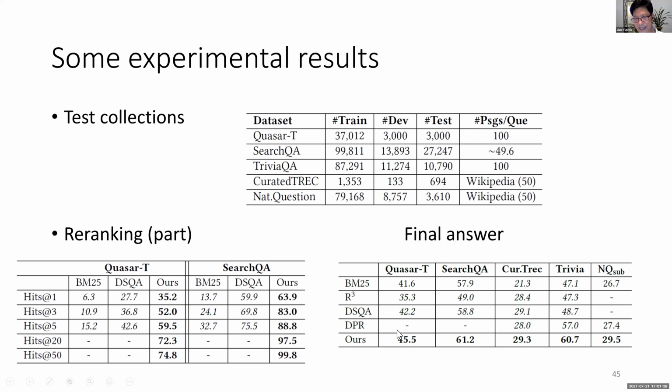And we can see that in those cases, when we compare with the existing work, the approach that we propose here with the additional ranker performs better.